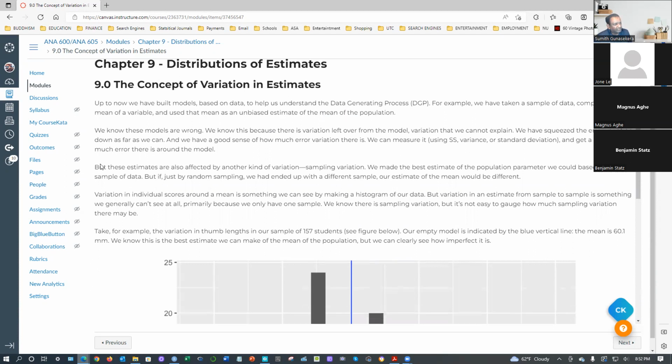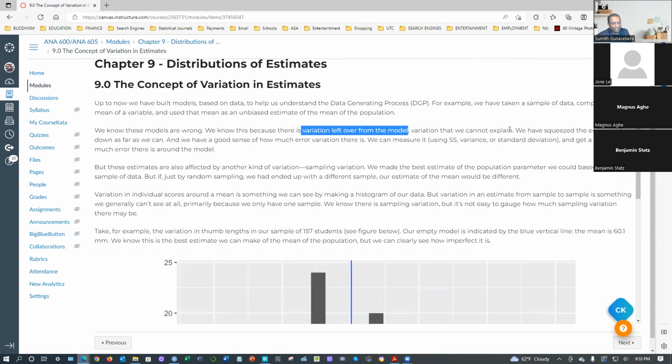We know these models are wrong, because there's variation left over from the model. Can you remember the empty model? You have three models: empty model, group model, regression model. Those models are still wrong because there's variation left over from the model.